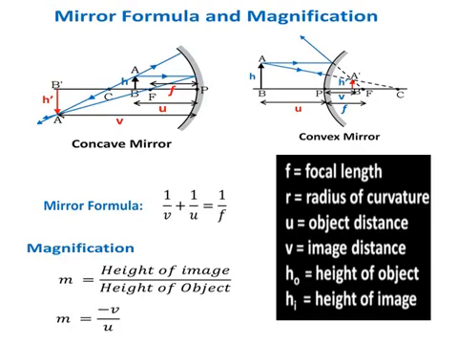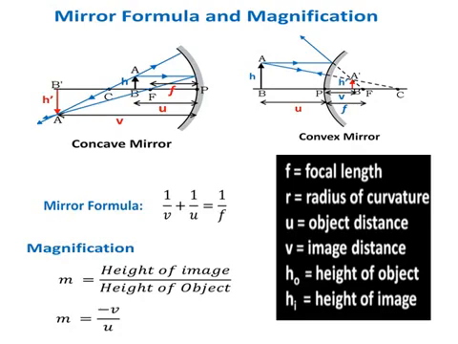The height of the image we represent by the letter HI, and the height of the object is referred to as HO. When you do problems, especially during examination times, you must get it right whether it is HO by HI or HI by HO. So be thorough. Now, it is HI by HO.